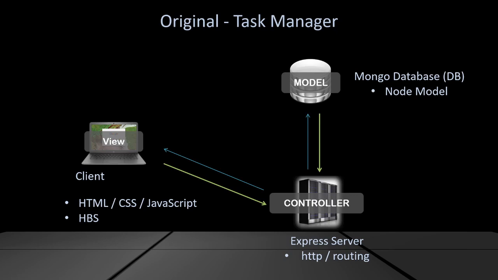Okay, so we have this MVC, model view controller paradigm, or construct, whatever you want to call it. In our old task manager, we had our client, which was our views. We had Mongo, our database, and we were using node modules, or models, sorry.